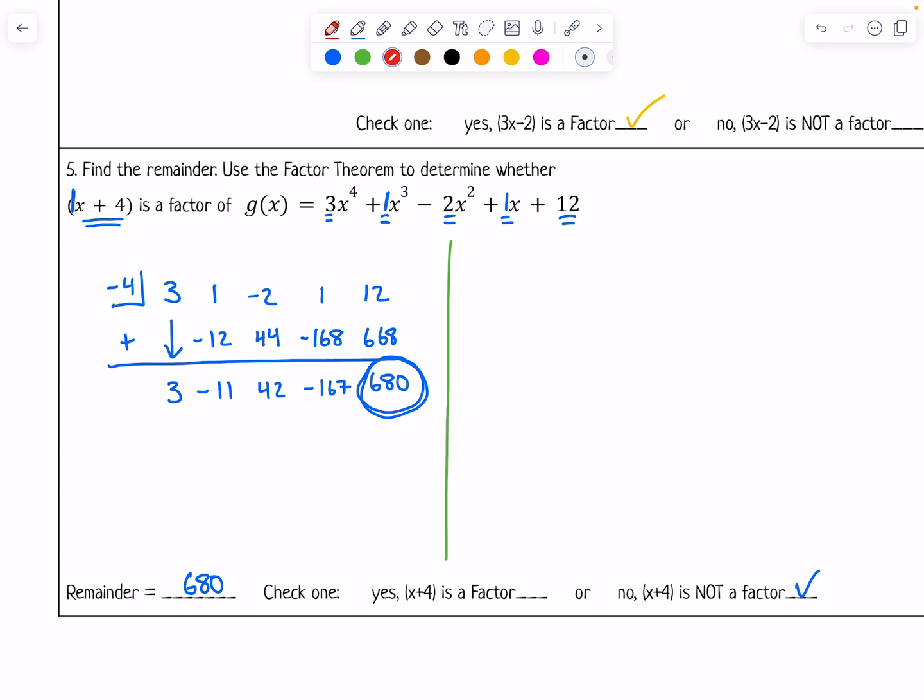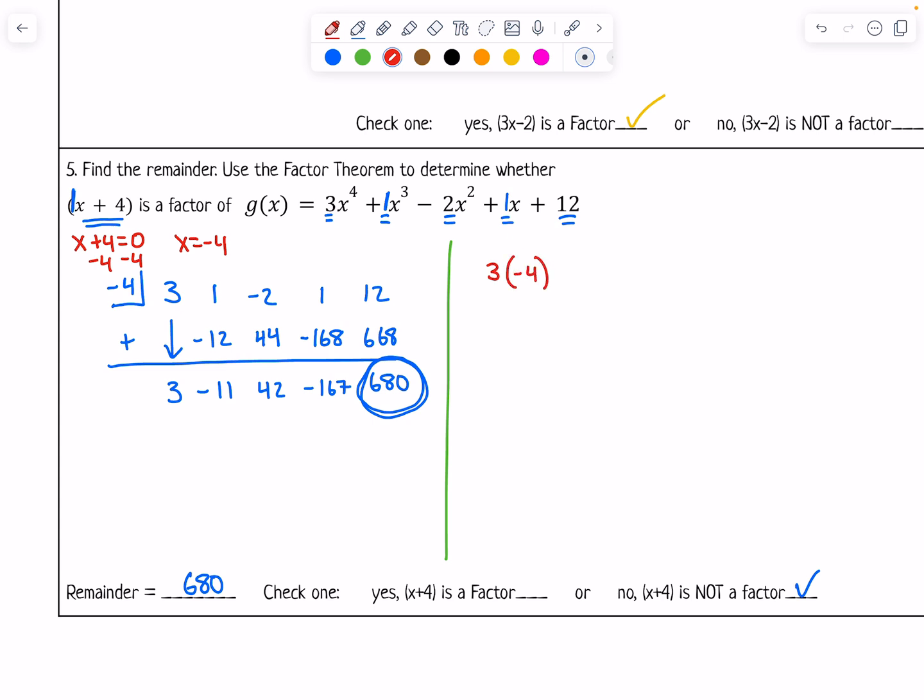So synthetic substitution means you take your divisor of x plus 4 and you get the root that you would get if you set that equal to 0. So if I set that equal to 0, I get x equals negative 4. And I just need to substitute that for my x value and see what I come up with.